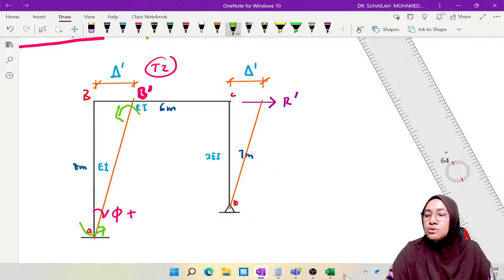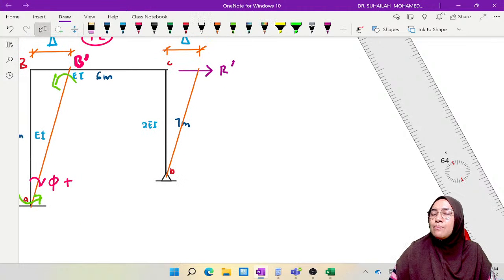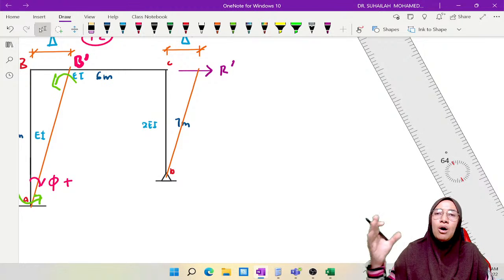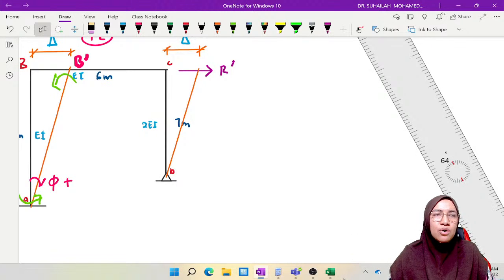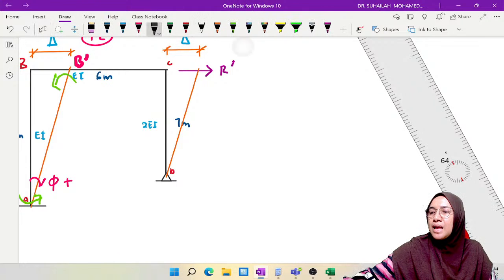Based on this diagram, because the angle is clockwise, the FEM is opposite. The angle is clockwise, so FEM is counterclockwise, so it is negative 100. So we assume FEM equal to negative 100, so that the moment will counter back, the behavior of the column returning to its original position after side sway.